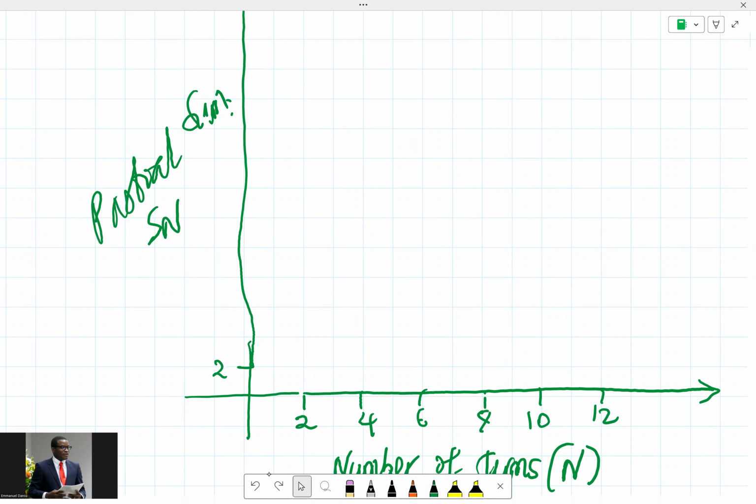Let me use two boxes for 20. Don't forget, these are the partial sums.